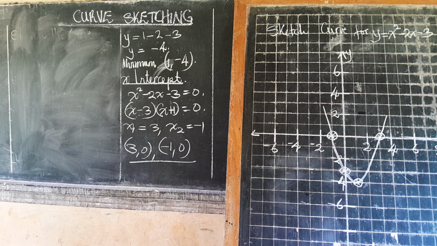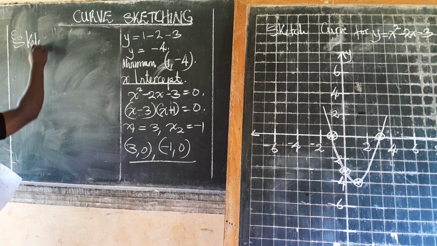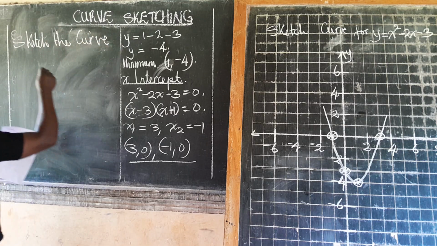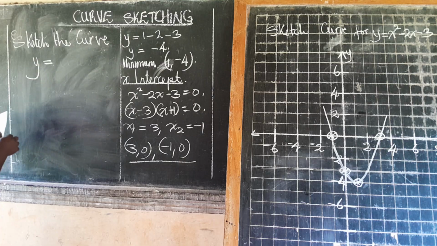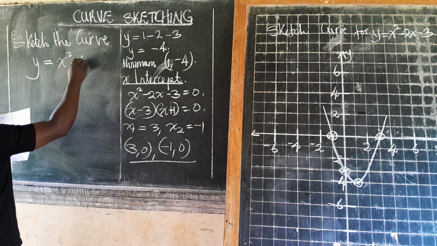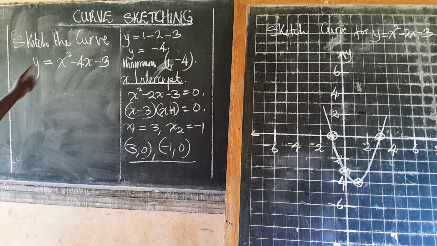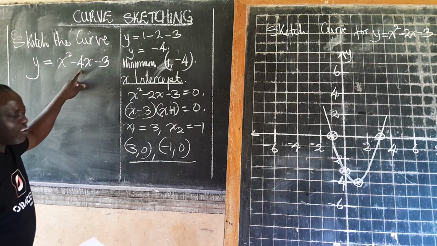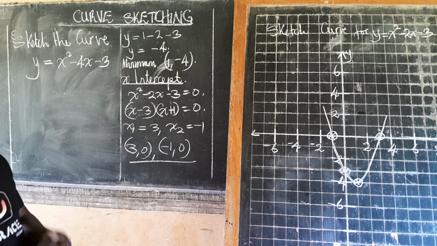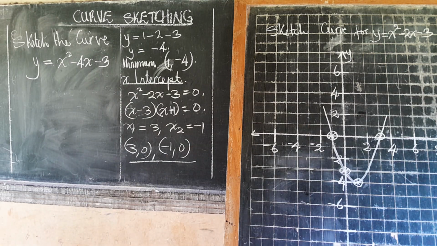Now sketch the curve y equals x squared minus 4x minus 3. That is the number I need you to try. But don't forget that mistakes are part of learning. The more mistakes you make, the more you are learning.